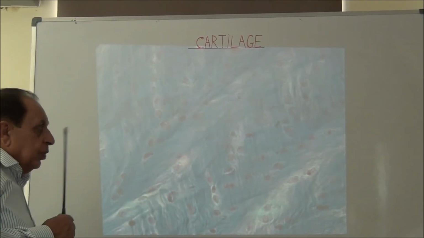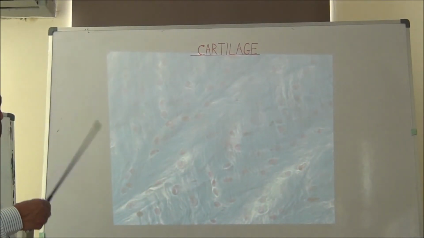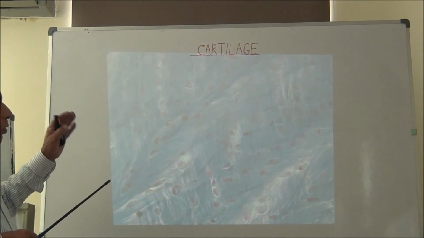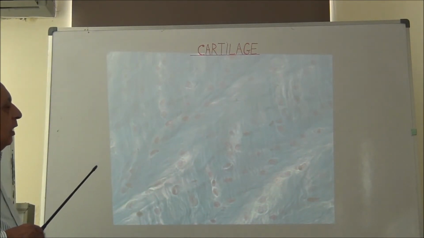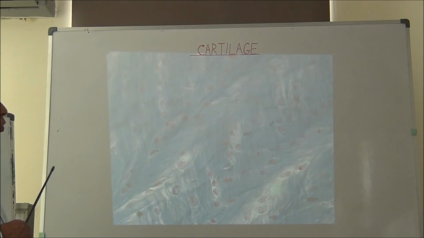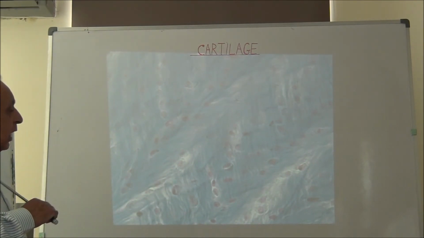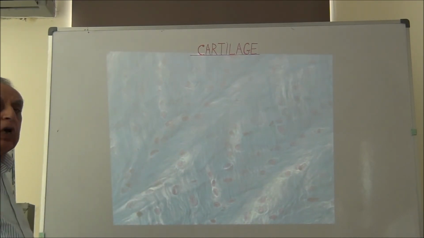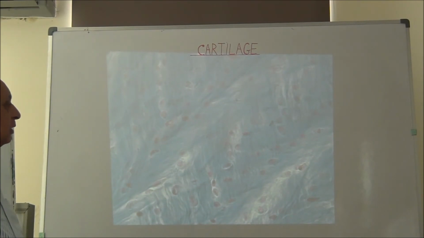In elastic cartilage, the fibers are formed by the fibroblast, while in hyaline cartilage and fibrocartilage, the collagen fibers are formed by the chondroblast cells.